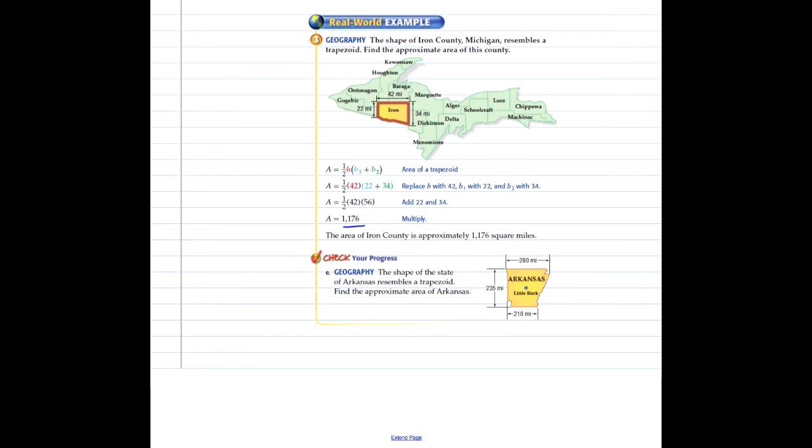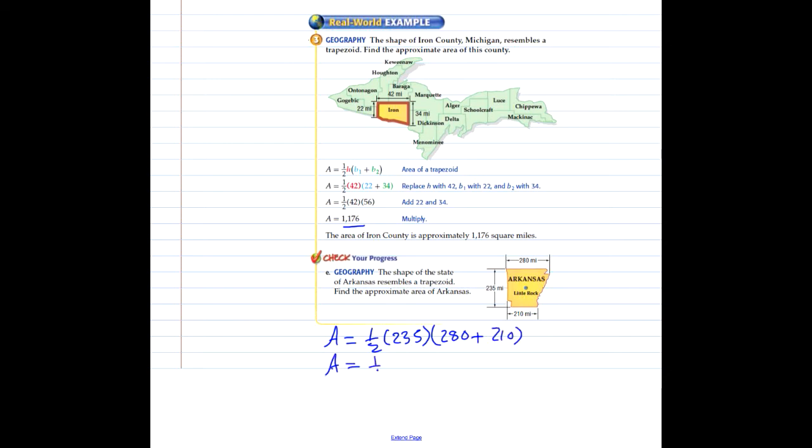Geography. The shape of the state of Arkansas resembles a trapezoid. Find the approximate area. My formula is area equals 1/2 times 235, which is my height, times B1, which is 280, plus B2, which is 210.